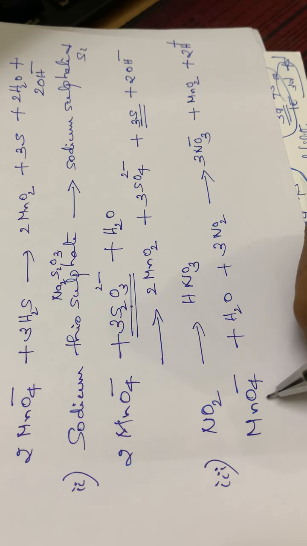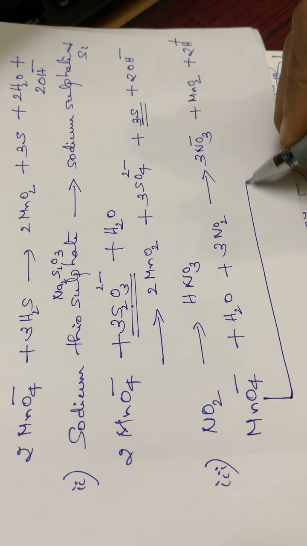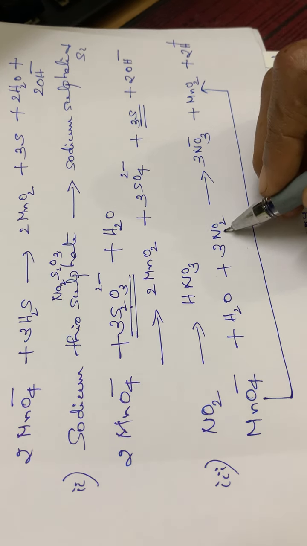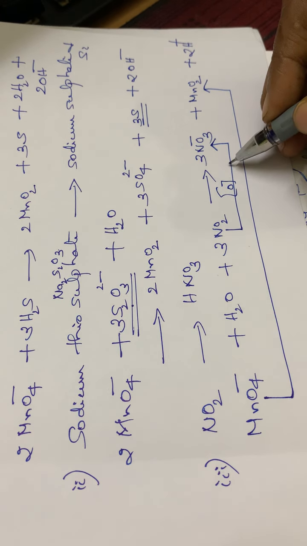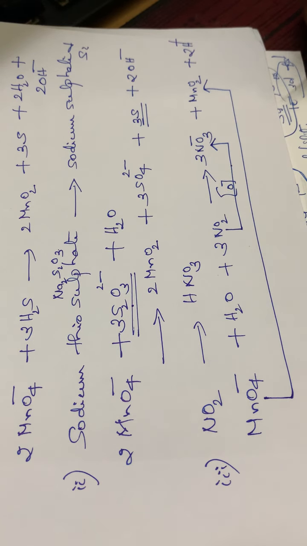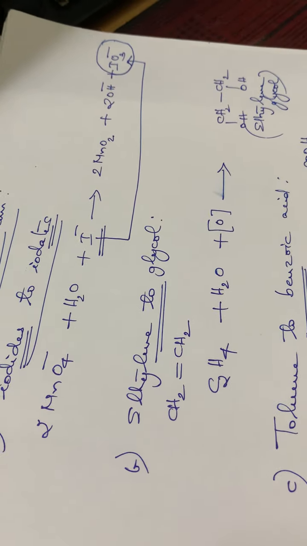So here also MnO4 minus is reduced to MnO2. At the same time NO2 is oxidized to NO3 minus. Here it is the oxidation process and here it is the reduction process. So next we can go through some of the uses of KMnO4.